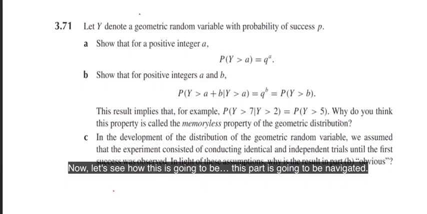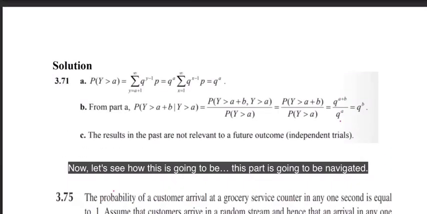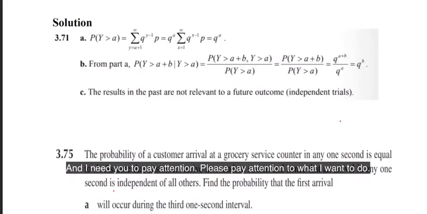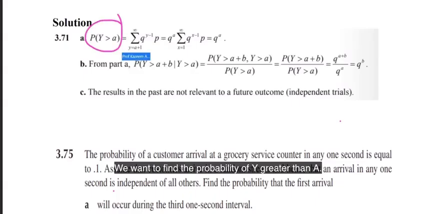Now let's see how this part is going to be navigated. I need you to pay attention to what I want to do right now. We want to find the probability of y greater than a.